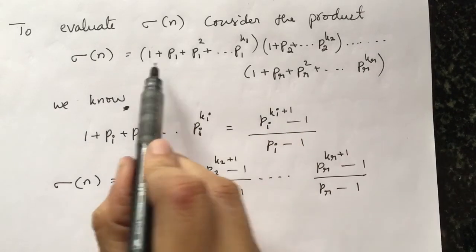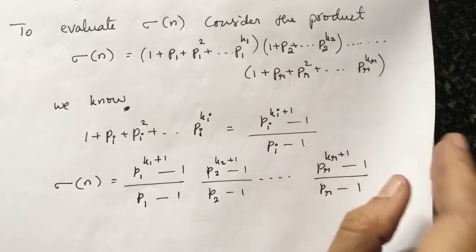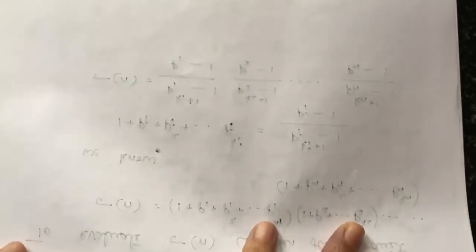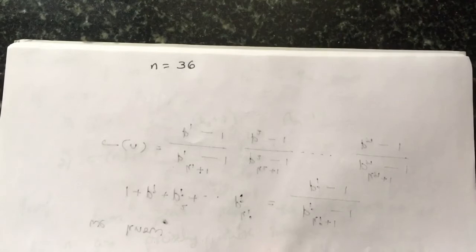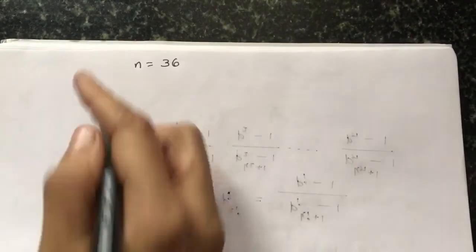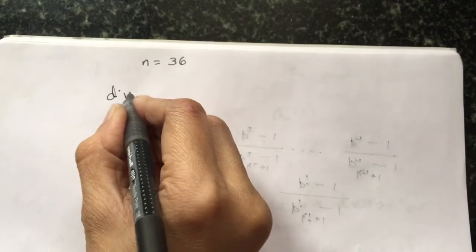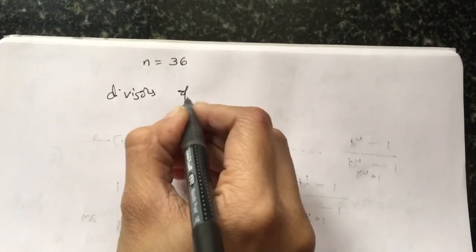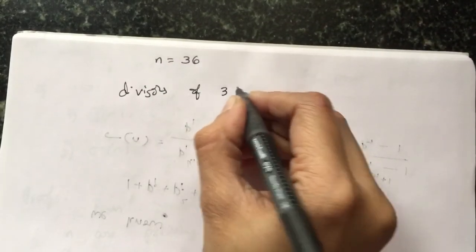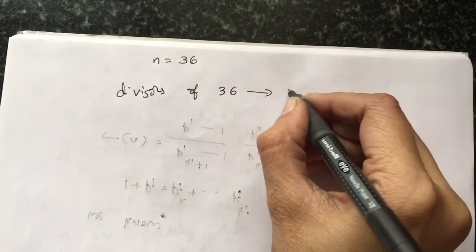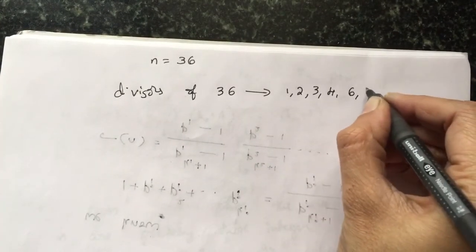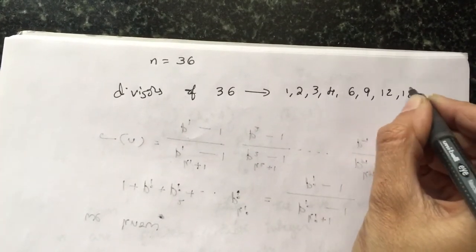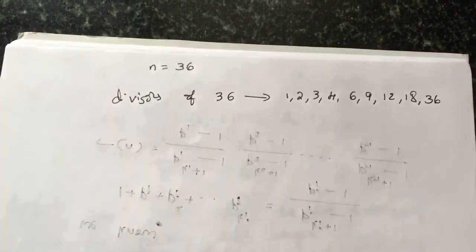Let me show how this works with an example. Suppose I have n equal to 36. What are the divisors of 36? 1, 2, 3, 4, 6, 9, 12, 18 and 36, right?